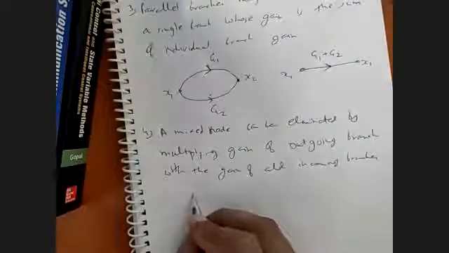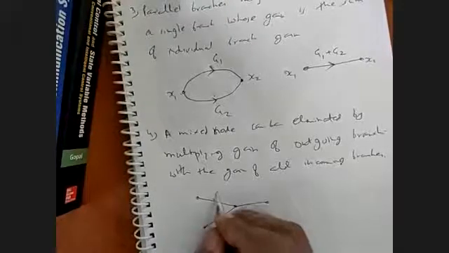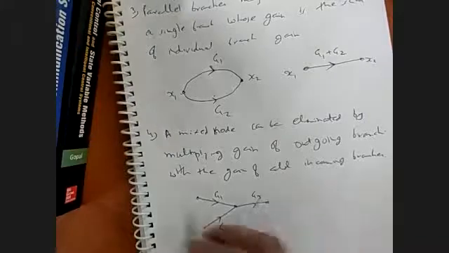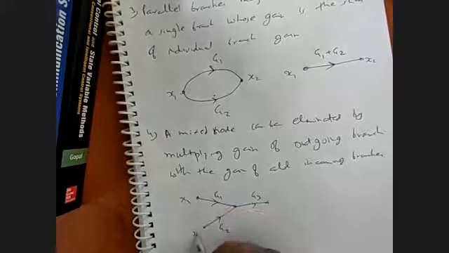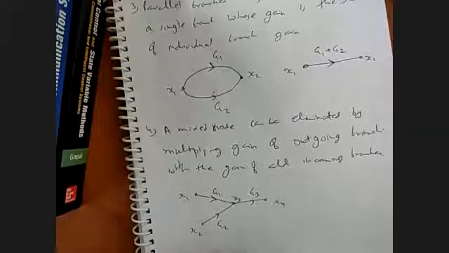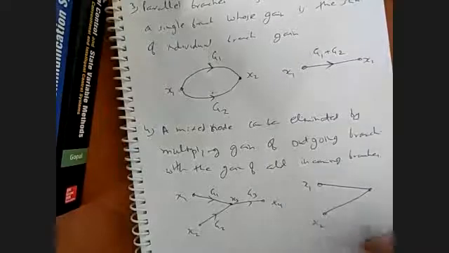That is, we have this G1, this is G2, this is G3, this is X1, this is X2, this is X3, and this is X4. So if we have this, it can be reduced as X1, X2, and X4.